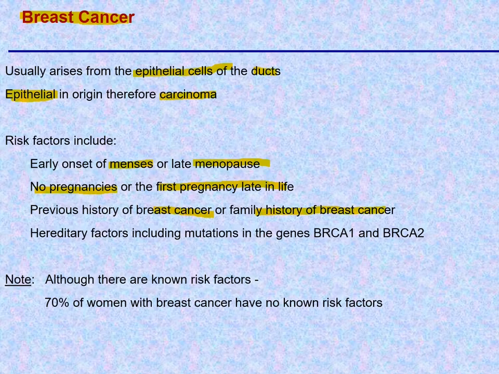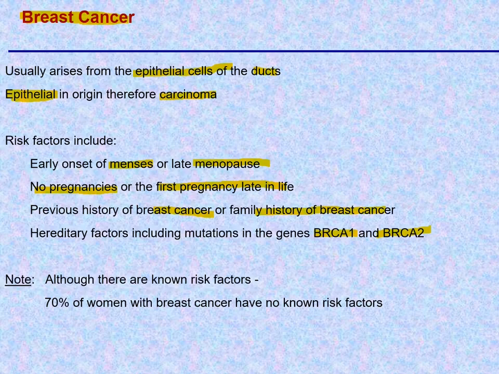In other words, there's a genetic component, and indeed one of the genetic components is having certain types of mutations in these genes, BRCA1 and BRCA2.